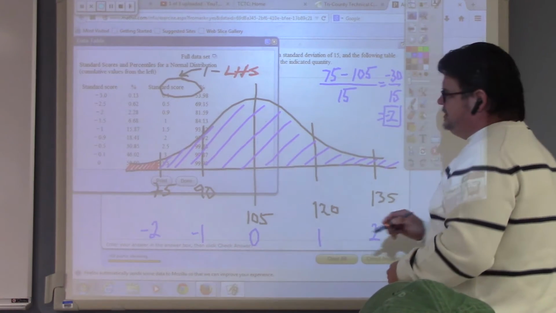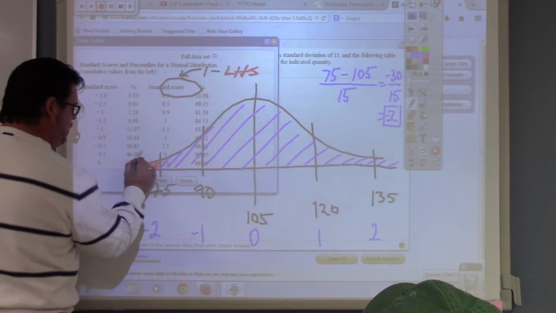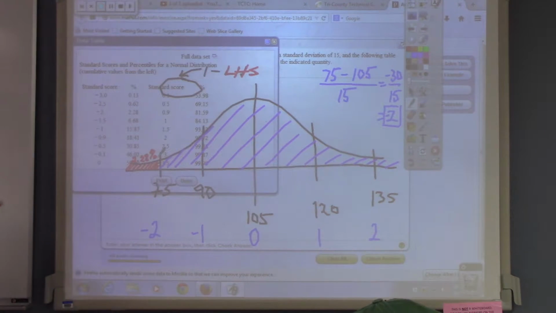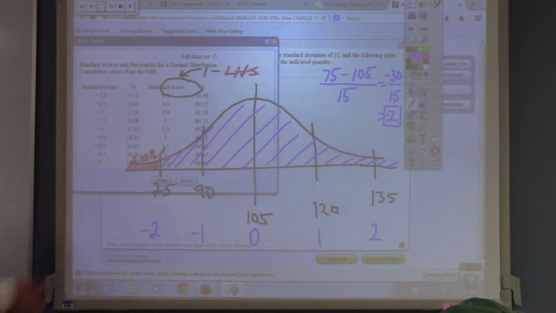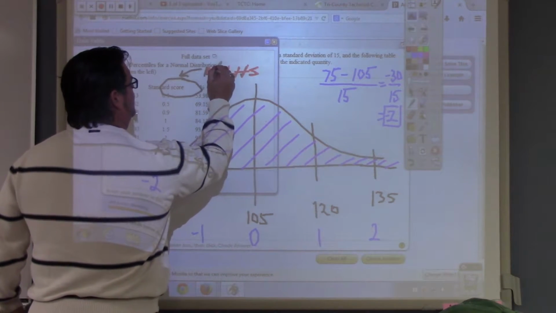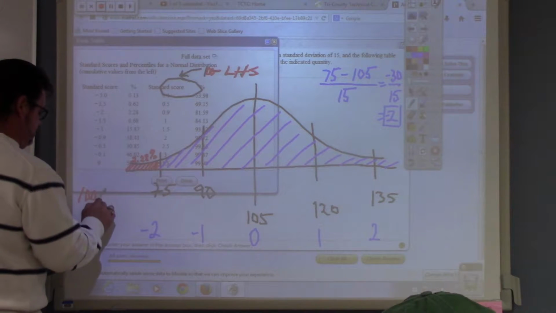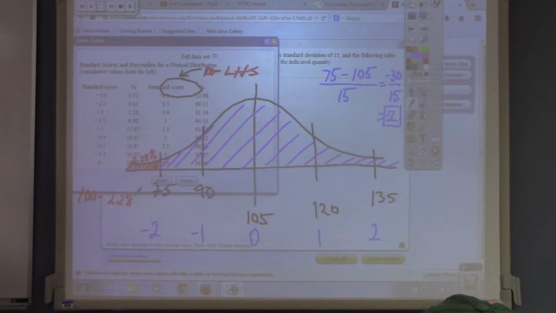So this red area is 2.28%. And under the curve is 100%. It's 1 if these were in 4 decimal places. So this is 100 minus left-hand side. 100 minus 2.28 is 97.72.